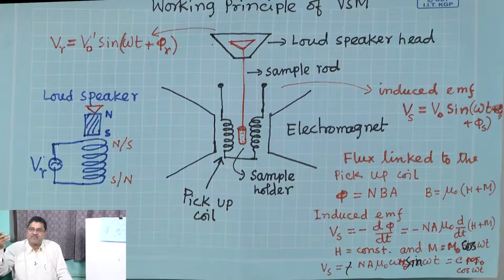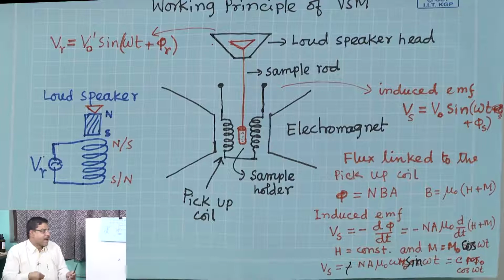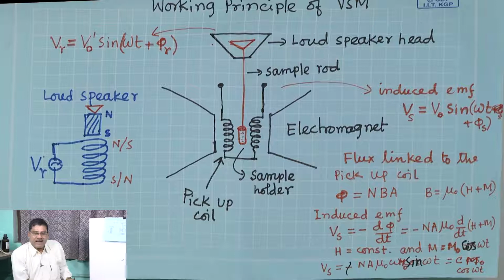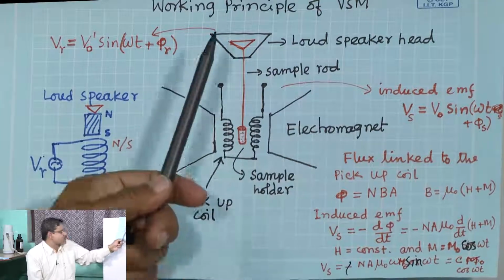So, if I can measure V0 or Vs, I will get m. Thus at different magnetic field, magnetization will be different, Vs will be different, okay. So, I will get the magnetization as a function of magnetic field using this instrument.